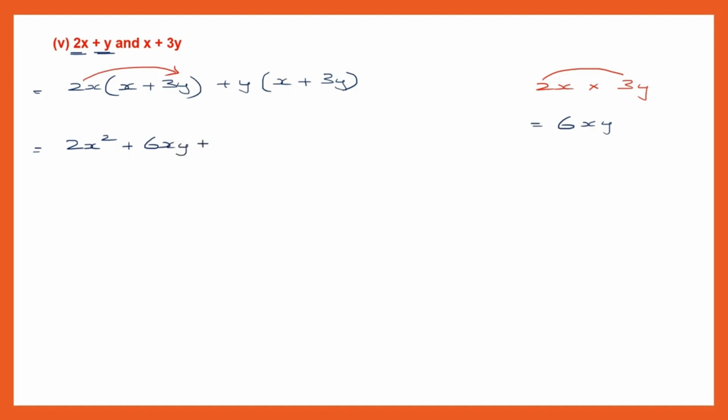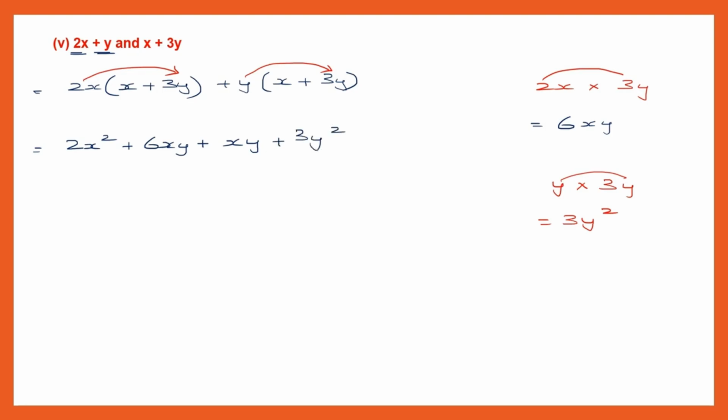We have plus. Now here we have to multiply y into x. y into x is yx or xy. So we'll write it as xy. We're just writing it in order. Then we have to multiply y into 3y. The number is the same and y into y is y square.